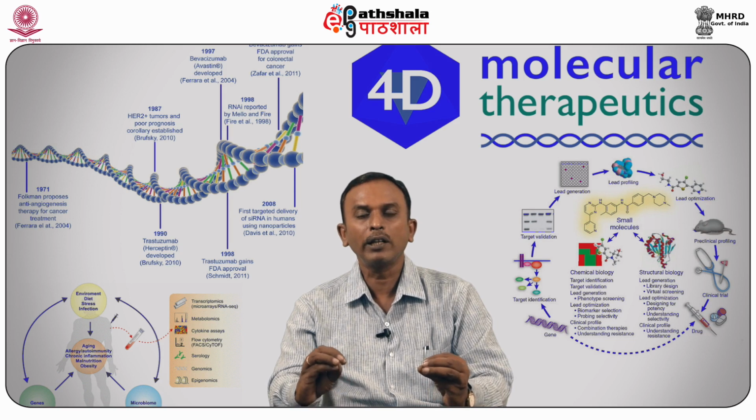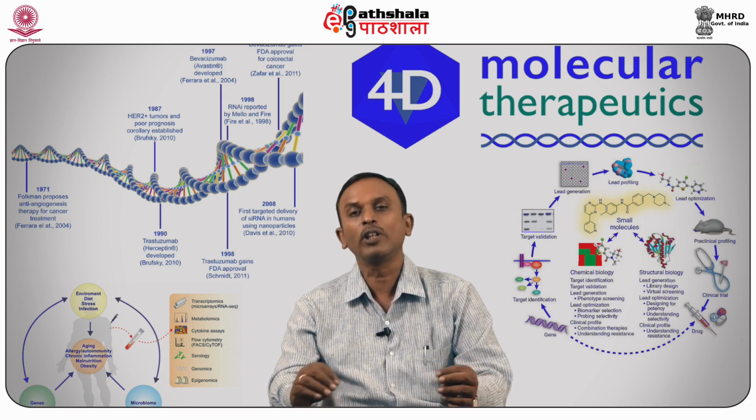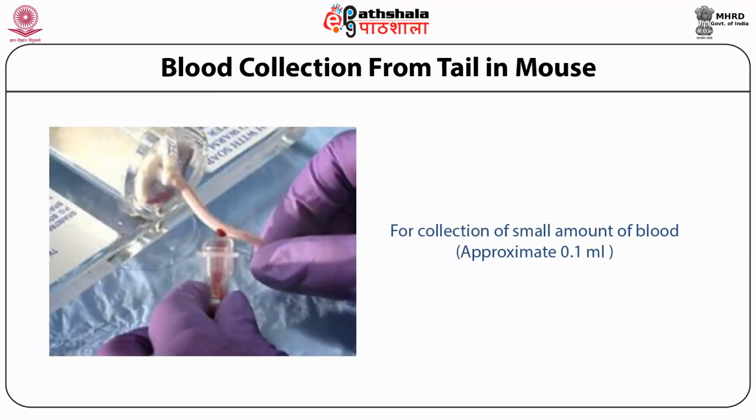Safe injection volume for intravenous is 0.2 to 0.5 ml, and the total blood volume in a mouse is 1.2 to 2.4 ml based on body weight, and the safe bleed volume is 0.1 to 0.2 ml, that is 100 to 200 microliters in a 20 gram mouse over a 14 day interval.